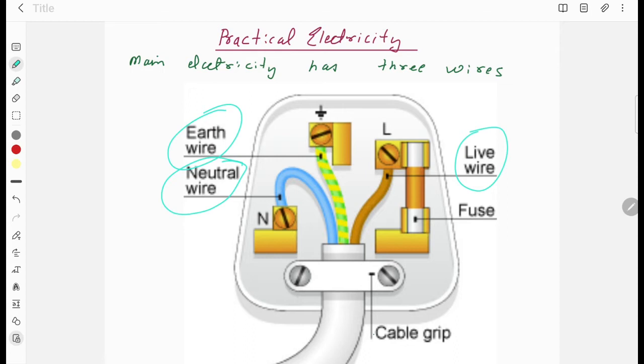You can see fuse is connected to live wire. Fuse is always connected to live wire. Fuse is made up of thin wire which melts when current exceeds a certain limit. So this color combination is important.